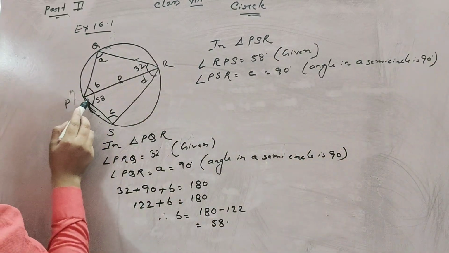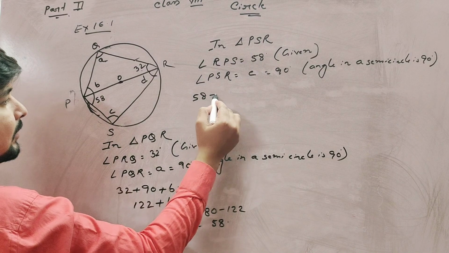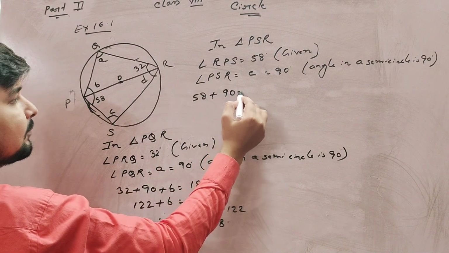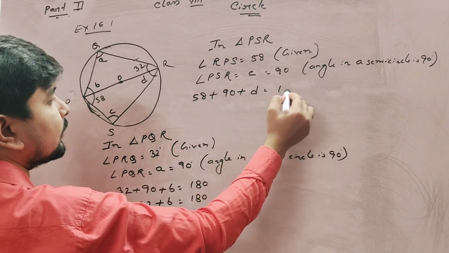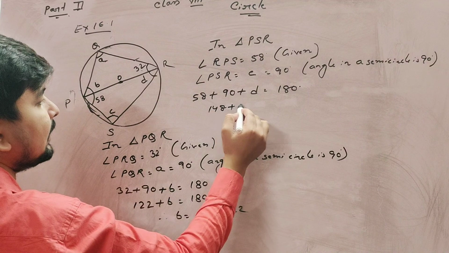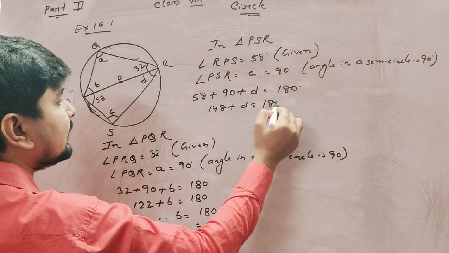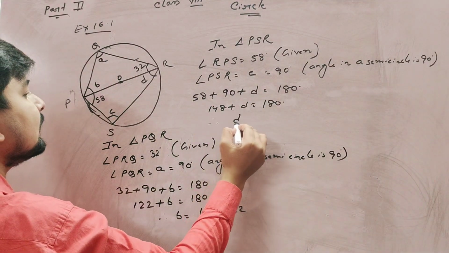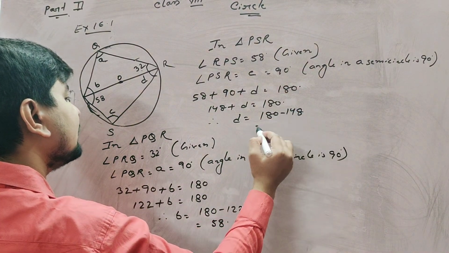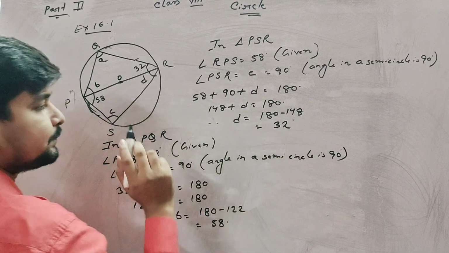So in this triangle, 58 plus C, in place of C write 90, plus D equals 180 degrees, that is 148 plus D equals 180 degrees. Therefore D equals 180 minus 148, which is 32.